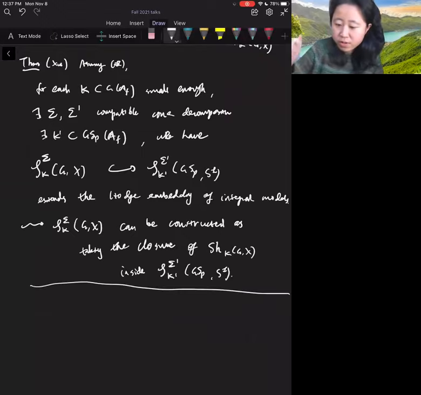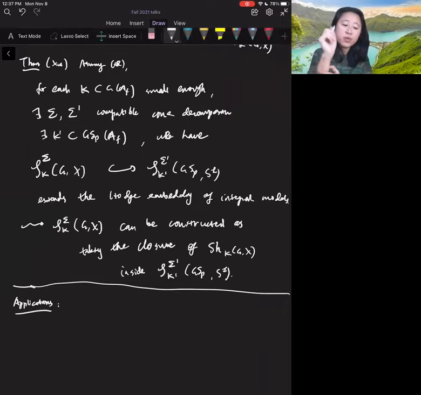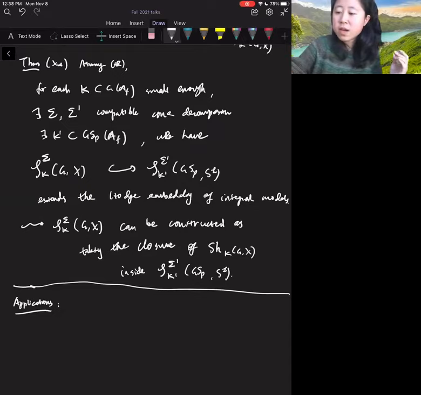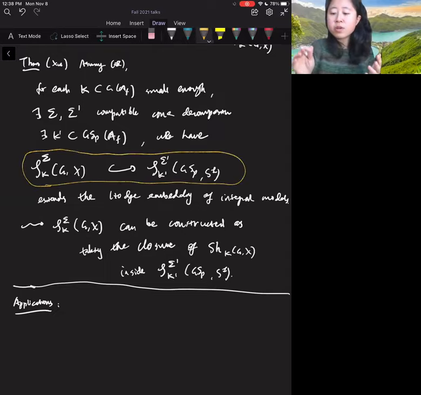So these are my results. I also want to quickly mention that there are applications for these kinds of results. For example, people who study Euler systems and Bloch-Kato kinds of conjectures, where they construct Beilinson-Flach classes on a certain Shimura variety and want to push forward their classes to some other Shimura variety, really care about this type of embeddings of toroidal compactifications of integral models. So that's one application.